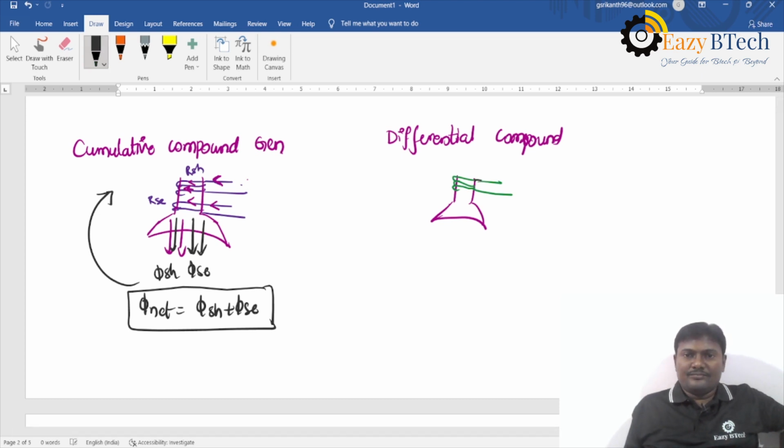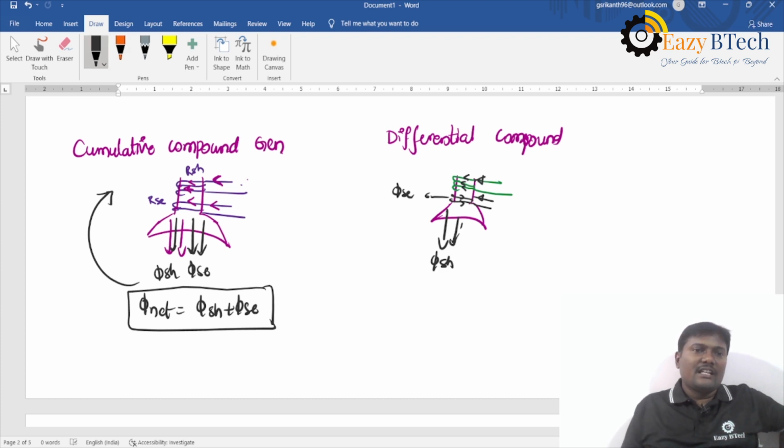So here the current is passed like this. Here the current is passed like this. Then the current leaves the series field winding, but the current enters on the left side, and this one is the right side. So the flux produced by the shunt field winding will be downward.